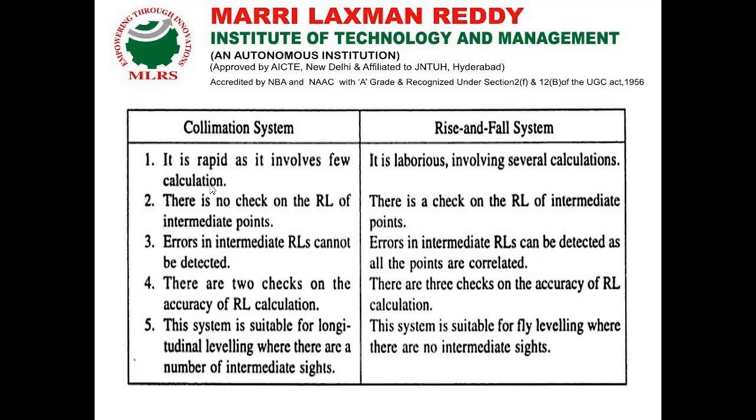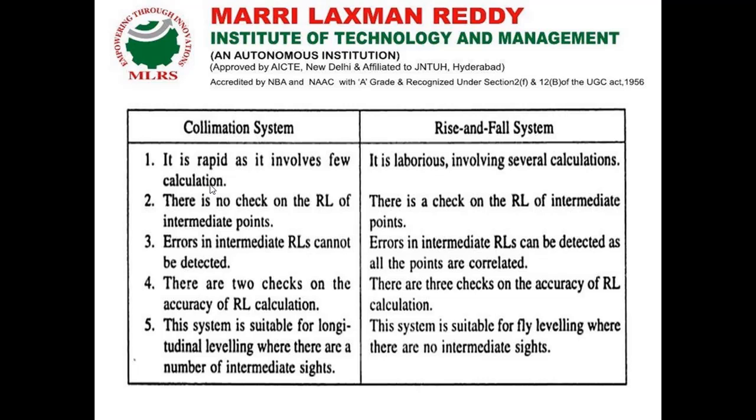It is rapid and it involves few calculations. I already said we only have height of instrument, with that we can arrive at the reduced level of the points. Now there is no check on the reduced level of intermediate points, correct?